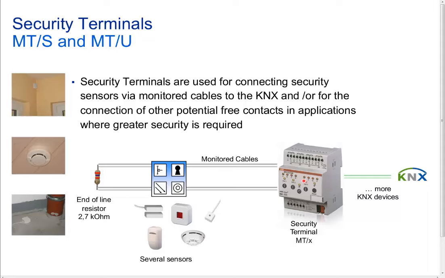And that's a big difference compared with a classical binary input. If something is not properly installed or any disconnection or any short circuit exists in this zone, as we call it, then it will be automatically detected and an alarm will be sent out. So it's a self-monitoring system, let's say, thanks to this end-of-line resistor.